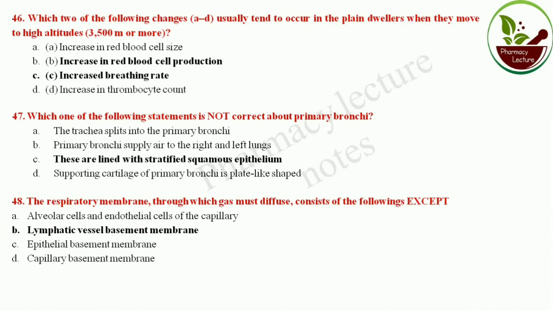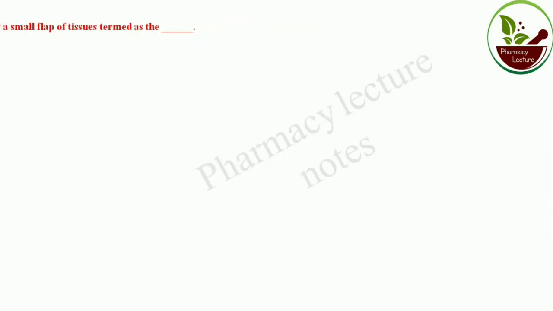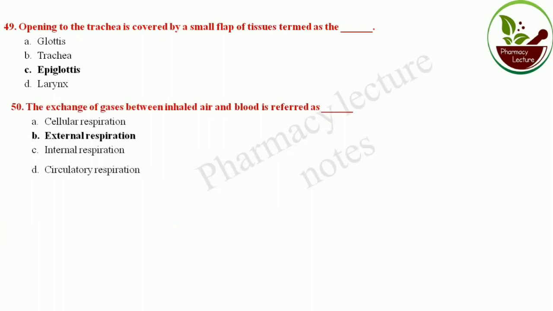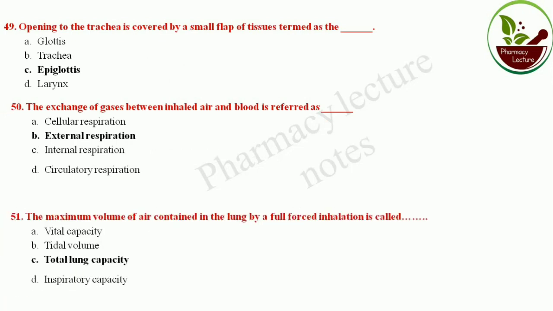The respiratory membrane through which gas must diffuse consists of the following except the lymphatic vessel; the basement membrane is included. Then the opening of the trachea is covered by a small flap of tissue termed the epiglottis. The exchange of gases between the inhaled air and blood is referred to as external respiration.